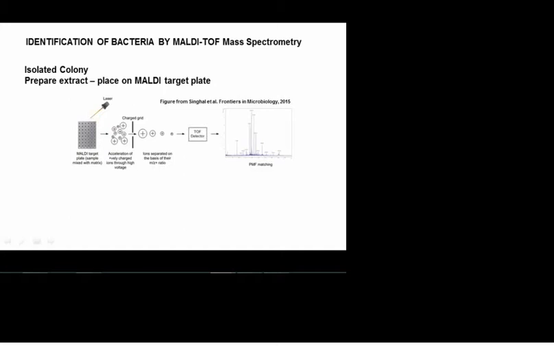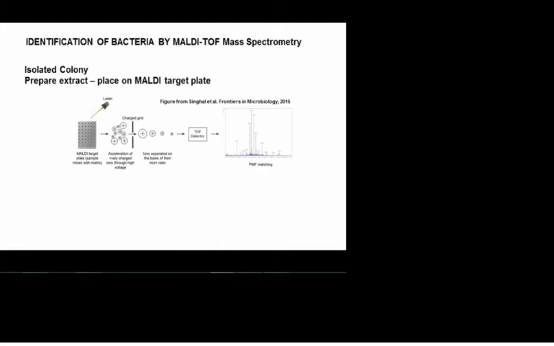which you can see here. You've got the mass-charge ratio here, and then the peaks show how many particles have that mass-charge ratio. Each bacterial species has a particular peak profile.